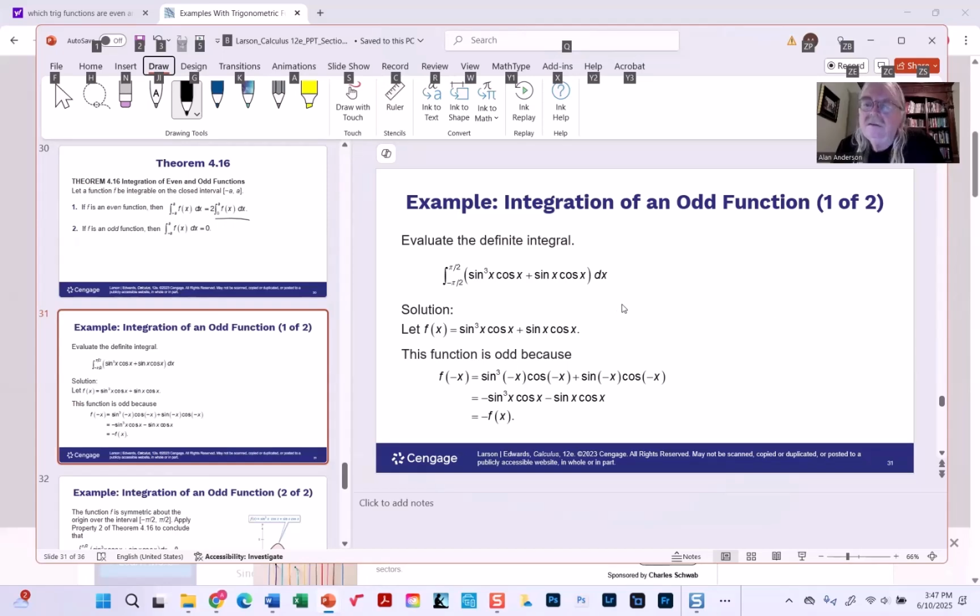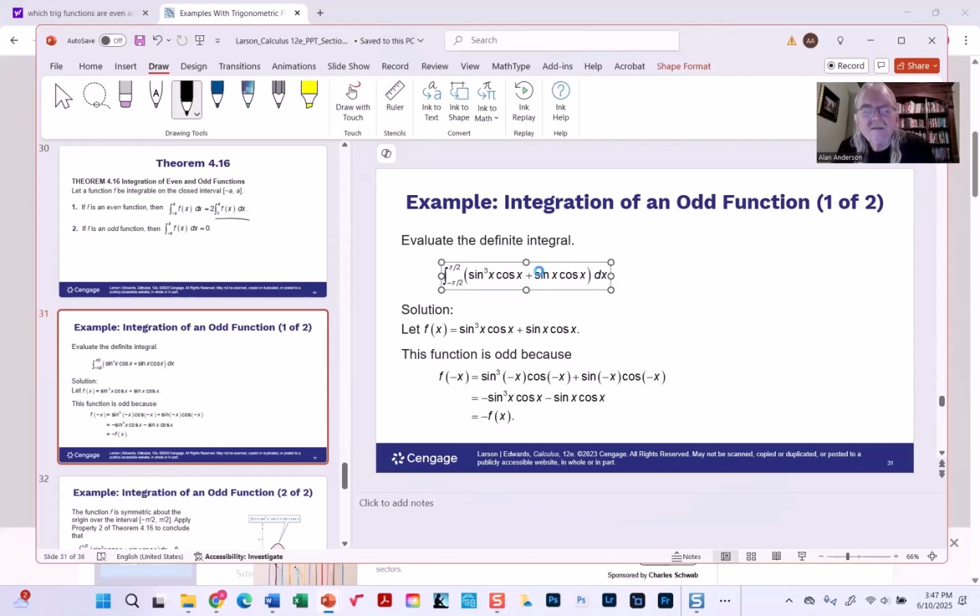It would be very time consuming, I think, to prove that this is either even or odd. But all right, they're telling us that it's odd. You could double check by trying different values of x. Anyway, the interval is between positive and negative pi over 2, which is 90 degrees.